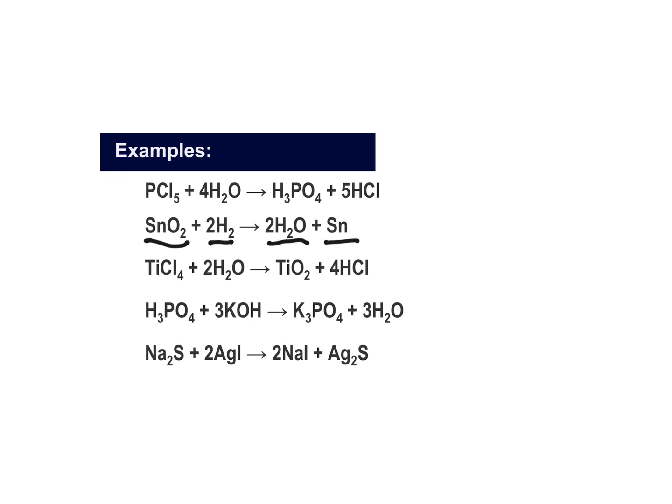So that means you need 2 moles of hydrogen in order for you to react with stannous oxide to have water and also separate the tin in this reaction as a product. So 2 is the coefficient. SnO2 and 2H2 are the reactants. All right. And water and Sn are the products.